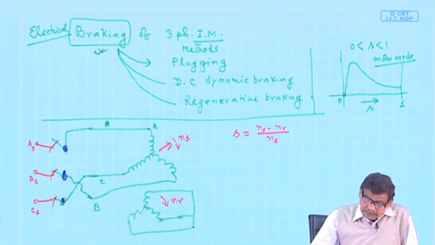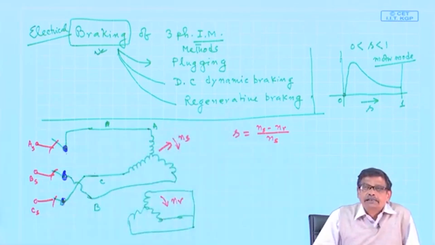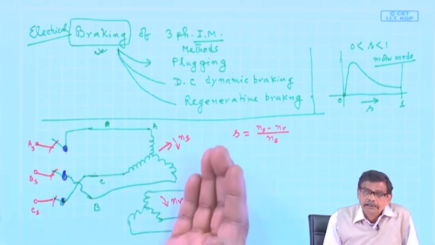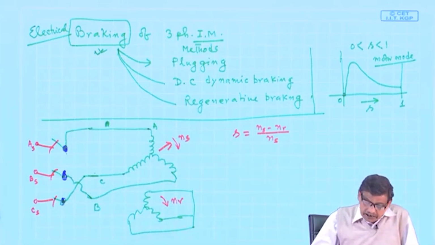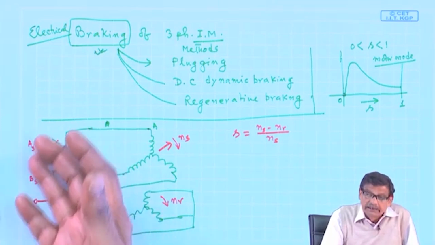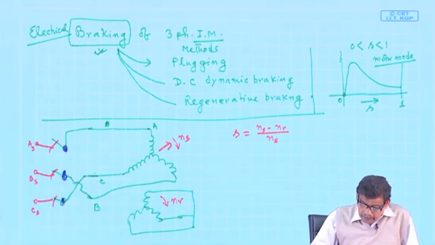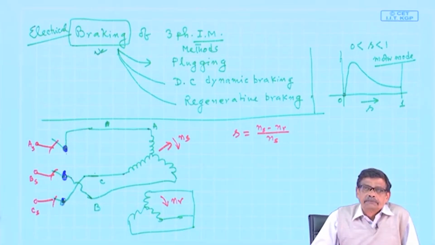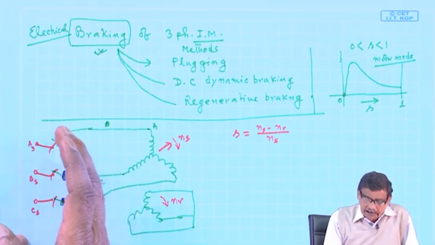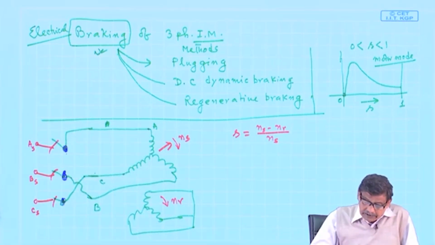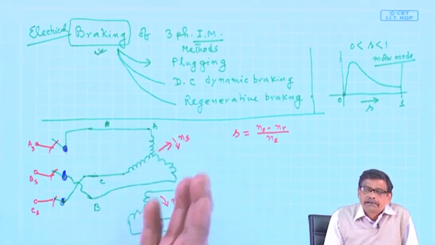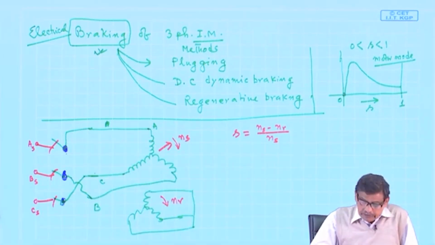If you do that, then I know the rotating field produced by the stator will move in the opposite direction compared to when it was supplied with phase sequence AS, BS, CS. But the rotor speed cannot change instantaneously. Therefore, when you execute this switching at t equal to 0, then at t equal to 0 plus, the rotating field produced by the stator is moving in the opposite direction.